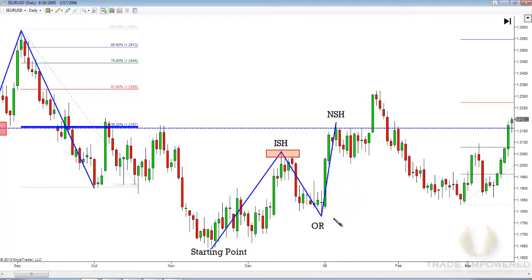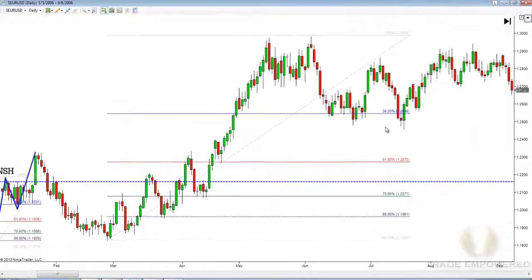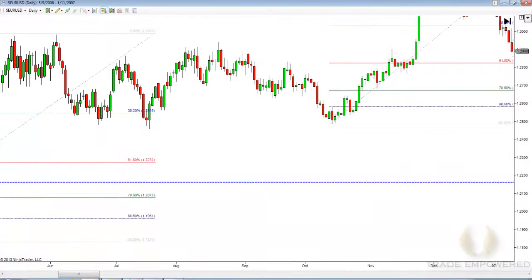Let me use my Fibonacci retracement tool. Let me take my swing low to my swing high. What do you know? A 382 right at that level. No coincidence that the market decides to give us our outside return right to that level before retracing and swinging higher. Let's see if we can get a few more examples of this. Again, you'll see this all over the place.